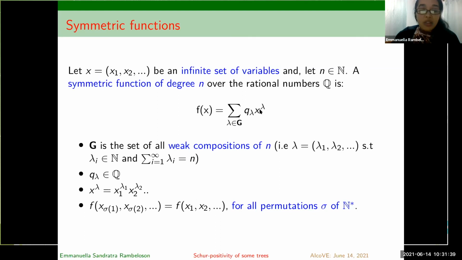X lambda is the monomial defined by lambda, which means that x lambda is x1 to the lambda 1, x2 to the lambda 2, and so on, where lambda is a weak composition of n.